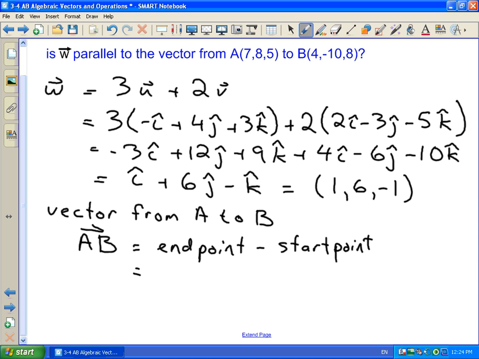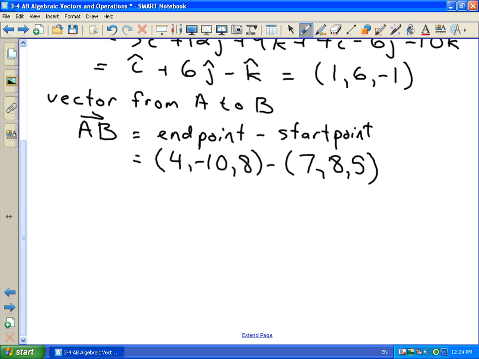So our end point here is 4, negative 10, 8. And from this, we want to subtract our starting point, 7, 8, 5. And, of course, we can do the subtraction just by subtracting each Cartesian coordinate. So 4 minus 7 is going to give us negative 3.